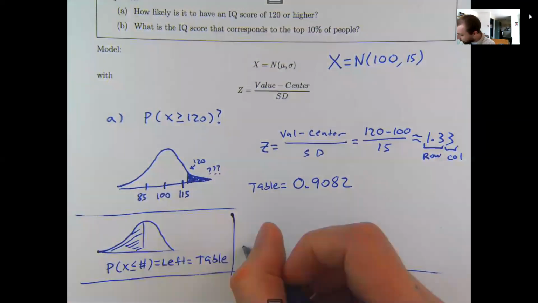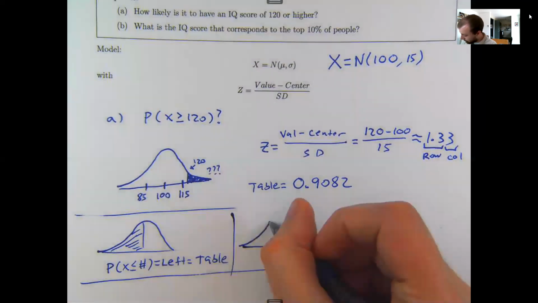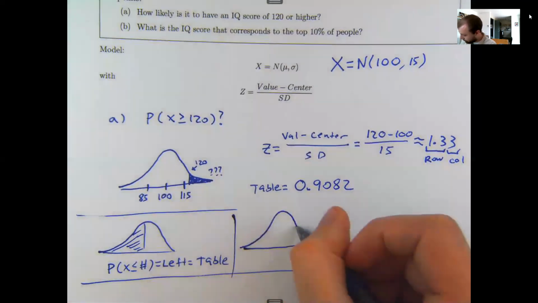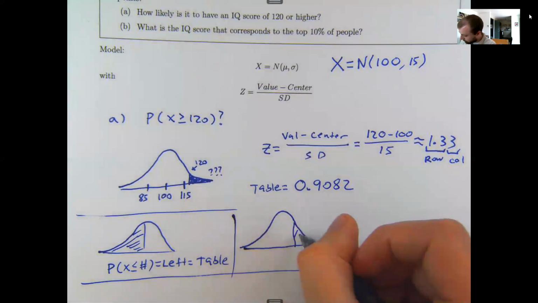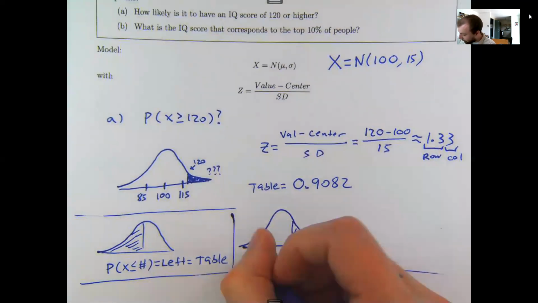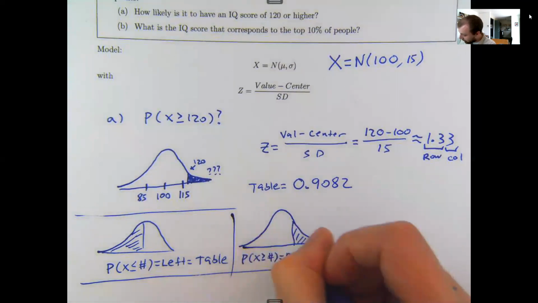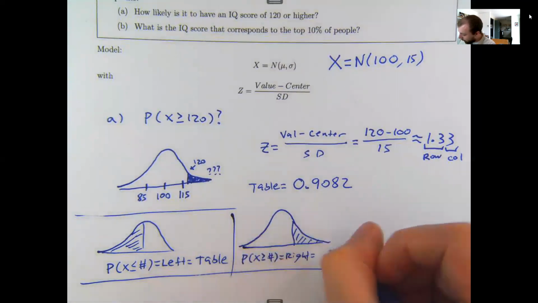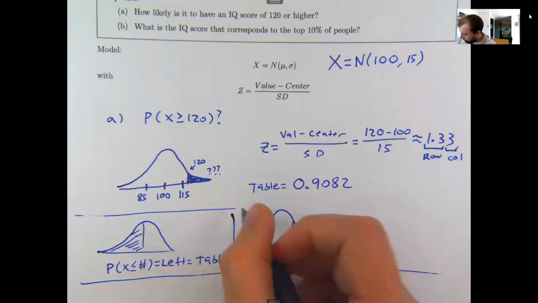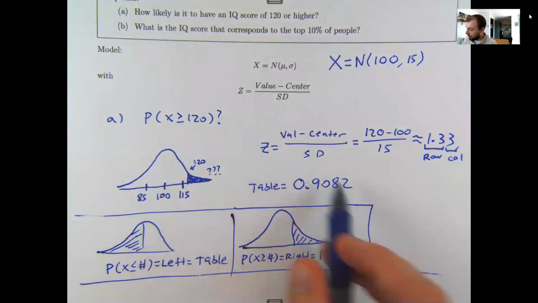If your value is shaded to the right, well the right is the complement or the opposite of the left, so that's going to be 1 minus the table value. And that's what I've got going on here.